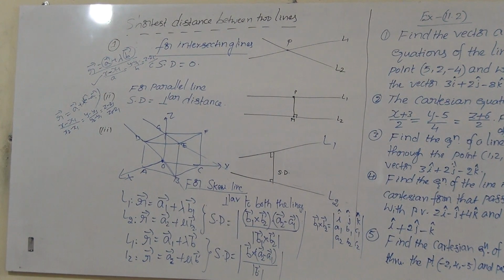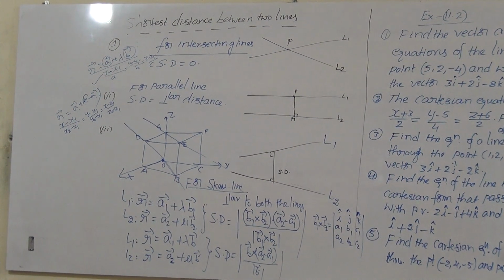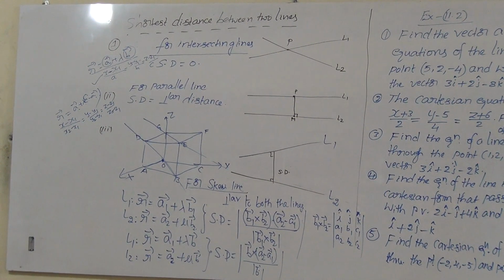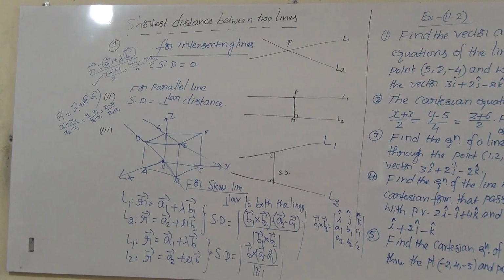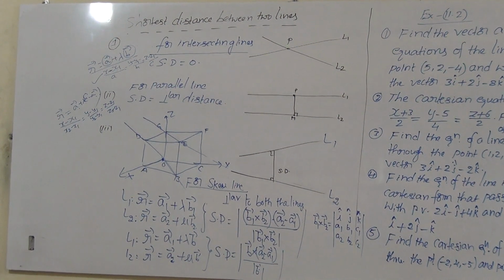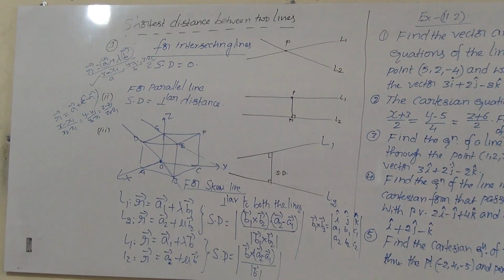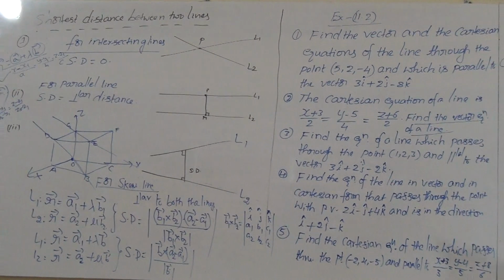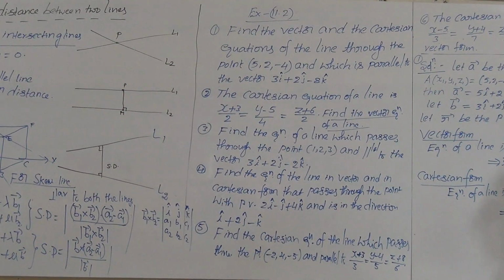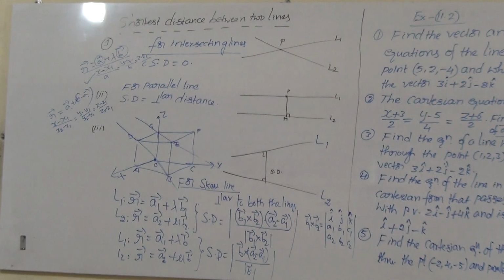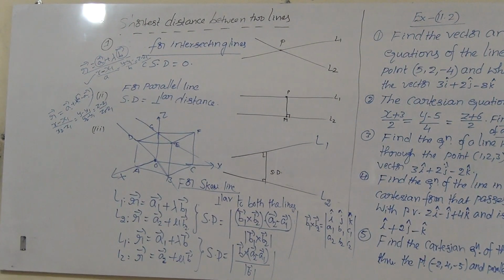For parallel lines, the shortest distance formula is magnitude of B bar cross A2 bar minus A1 bar, divided by magnitude of B bar. For skew lines, which are neither parallel nor intersecting, the shortest distance is magnitude of B1 bar cross B2 bar dot A2 bar minus A1 bar, divided by magnitude of B1 bar cross B2 bar.